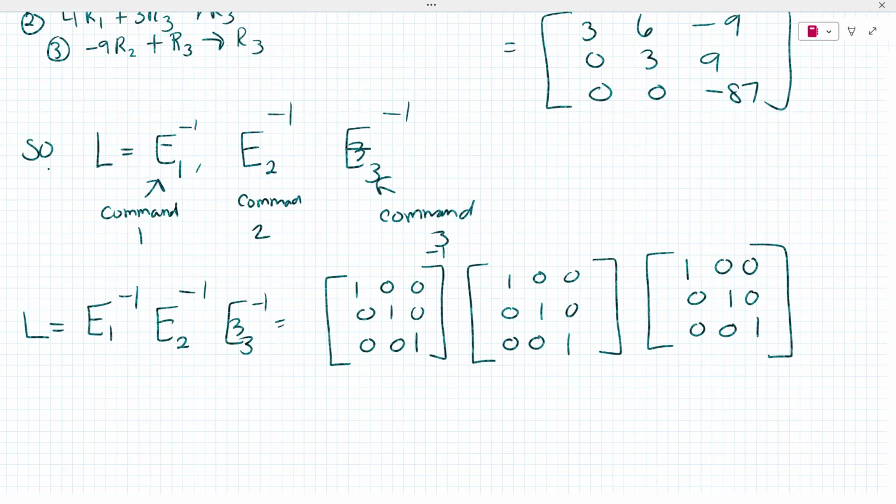Command 2 was 4 times row 1 plus 3 times row 3 gives us your new row 3. And the third command was -9 times row 2 plus row 3, so here you're also going to mess with row 3. Okay, let me work that out.